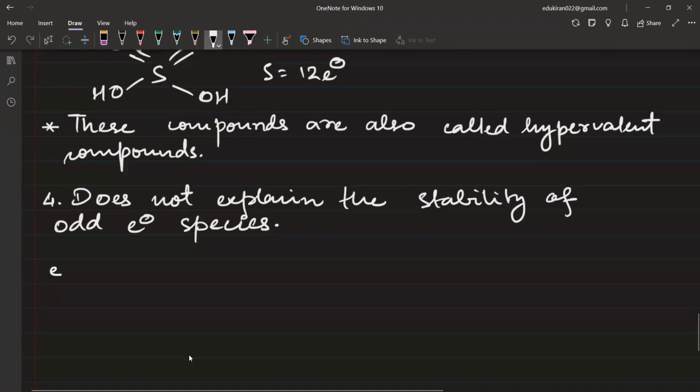Okay, for example, NO. So if you see the total valence electron also, you will see nitrogen has how many valence electrons? 5, right? And oxygen has how much? 6. 6 plus 5 is 11, है ना? तो उस हिसाब से भी यहाँ पे देखिएगा.